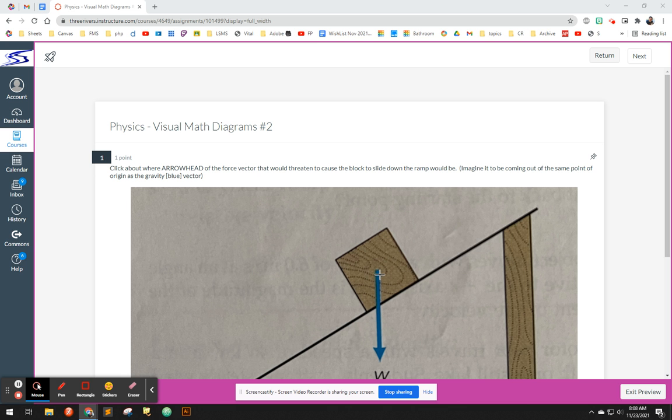And so this force vector could be broken up into components that look like this for the y and that for the x. So right there is the arrowhead, approximately where that would be for the x direction. So there'd be an arrow here and an arrow there.